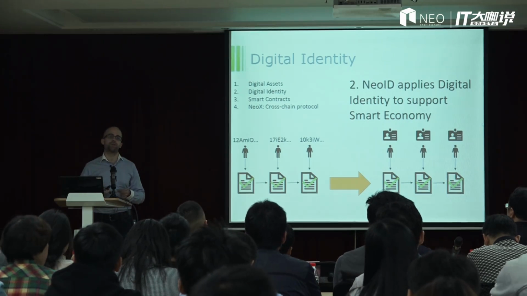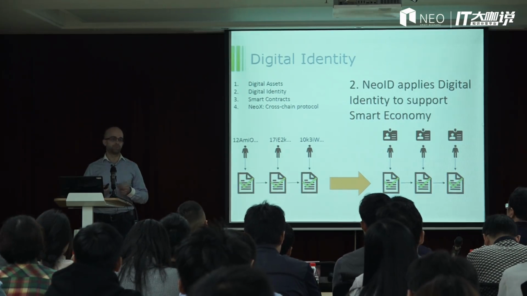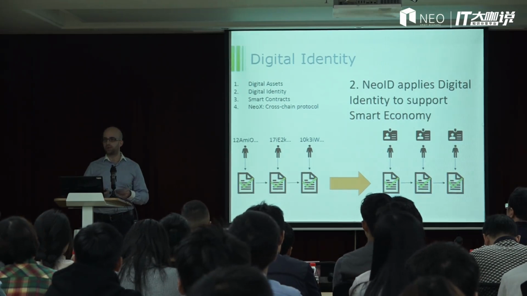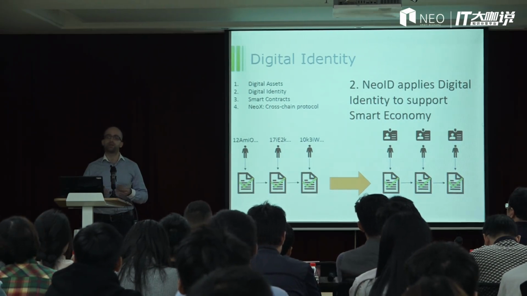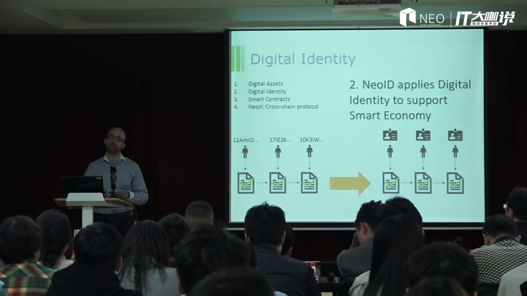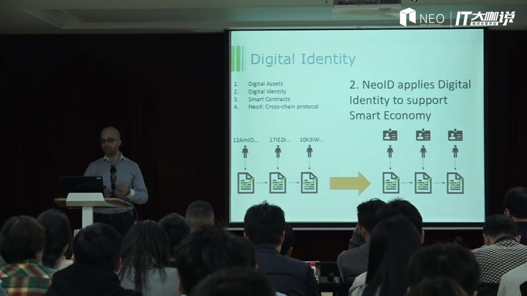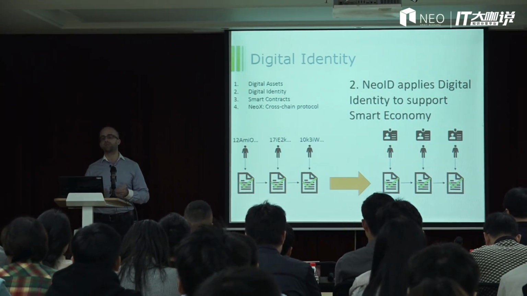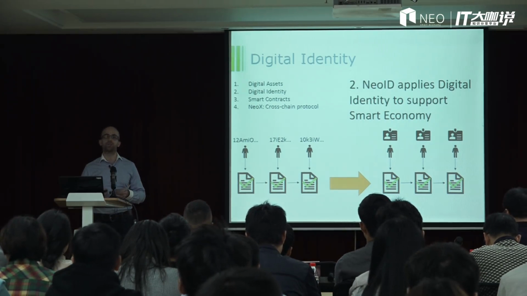And of course, it's very interesting for institutions and companies because in our economy, there is a need for regulation. So we need to control and see how assets are transferred, enabled to work with the current economy. So this is what NEO aims to achieve.